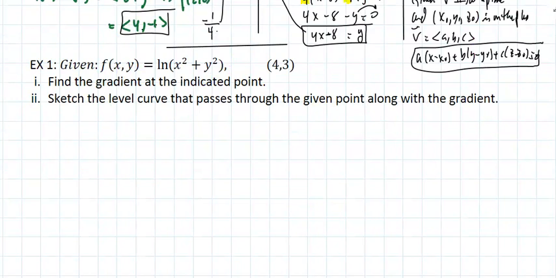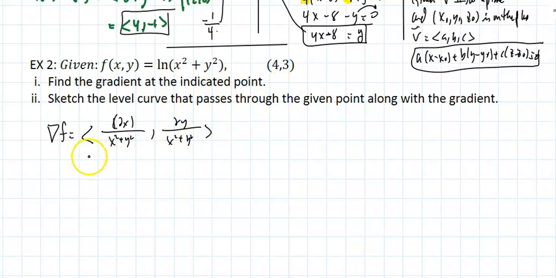And here we are. This is example 2. Changing direction slightly. Given f(x, y), which is z equals natural log of (x squared plus y squared), and the point is (4, 3). Find the gradient. If I want to find the gradient of f, that would be 1 over (x squared plus y squared) times 2x, and 1 over (x squared plus y squared) times 2y.